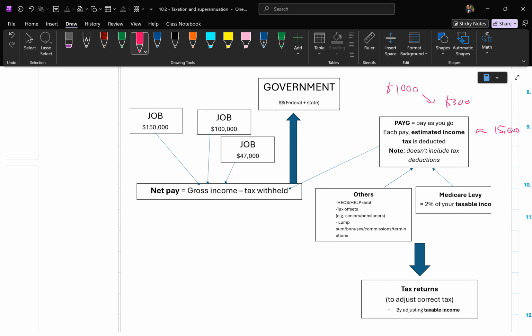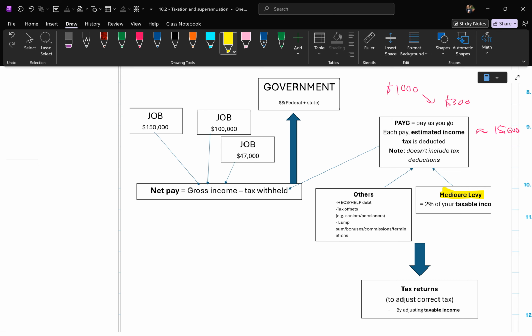Now, there are a lot of different types of fees that come into your PAYG. Medicare levy, for those who don't know what that means. Medicare levy, everyone has to pay. You will pay 2% of your taxable income in what they call Medicare levy, and that's just to keep the Medicare system, so the health system, going.